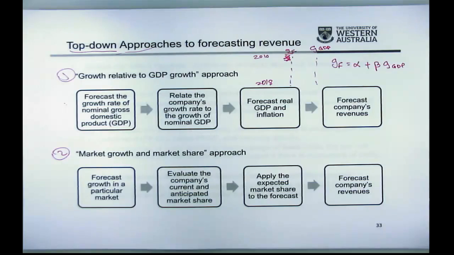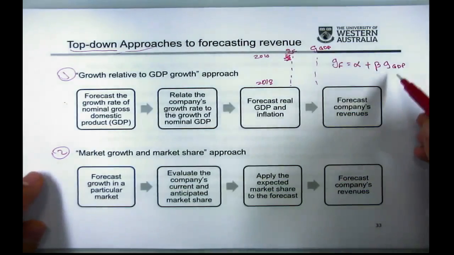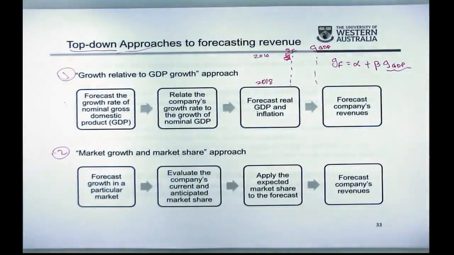Then all you need to do to calculate the growth rate of the firm sales is a forecast of the growth rate of the GDP. This one is usually available on the websites of the central banks. Here in Australia, the central bank is called the RBA, Reserve Bank of Australia.